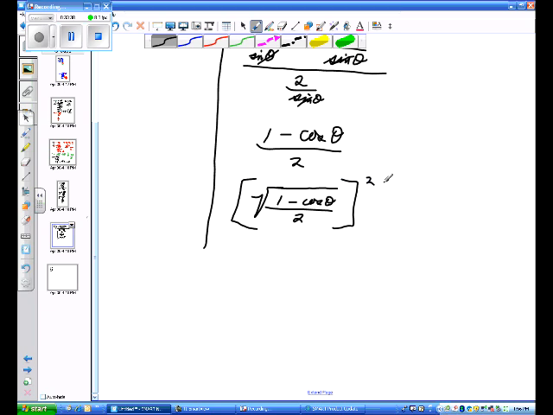If you take the square root of something and square it, you get what was underneath the radical. And now what's inside our parentheses is the sine of theta over 2. And we want that squared, which we would write as sine squared theta over 2.